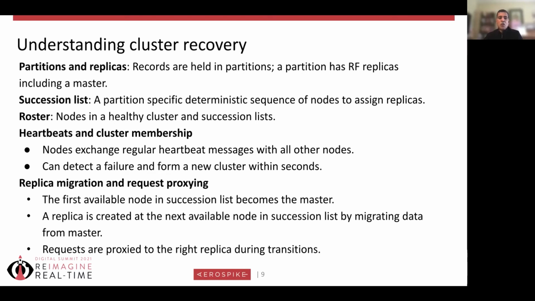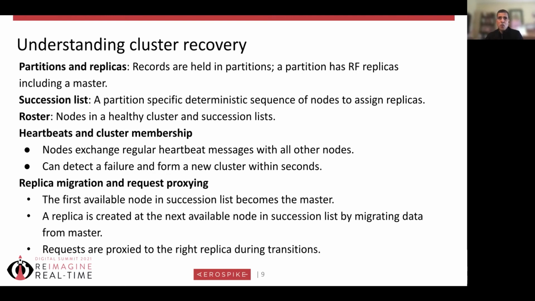Then there's a notion of replica migration. So when there is a failure, you walk through the succession list for a given partition, and the first available node is the master, and the replication factor minus 1 subsequent available nodes are where the remaining replicas reside.